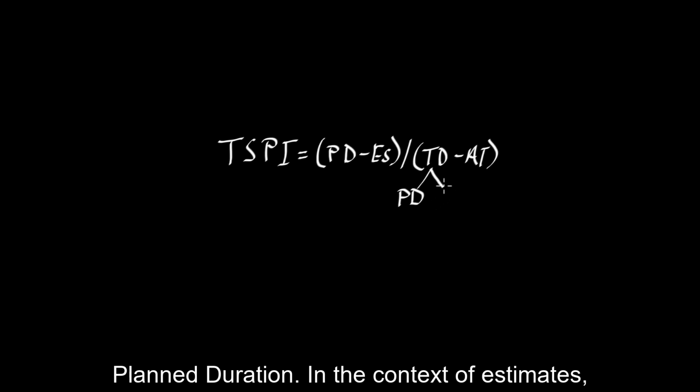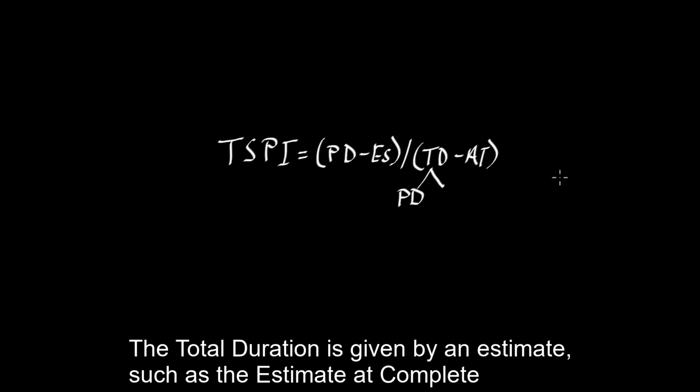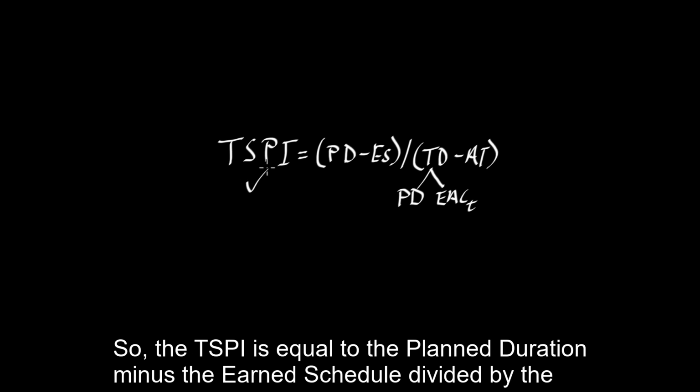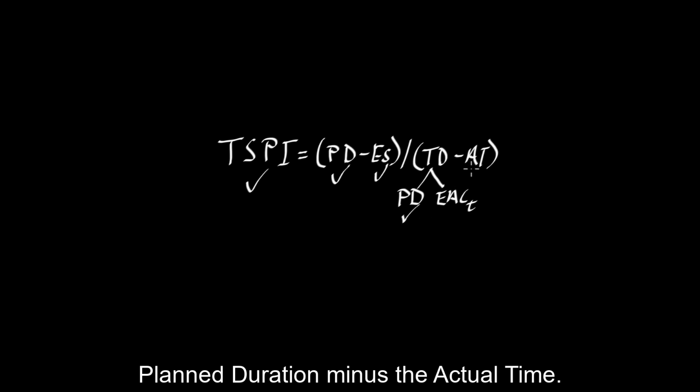In the context of estimates, the total duration is given by an estimate such as the Estimate at Complete for time. Here, the context is the plan, so the TSPI is equal to the planned duration minus the earned schedule divided by the planned duration minus the actual time.